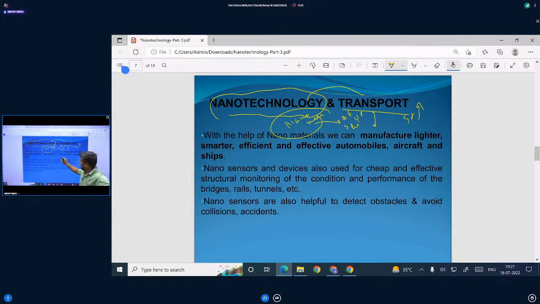And when the weight of the vehicle is reduced, automatically it will consume less fuel, because light vehicles always require less fuel, and heavy vehicles require more fuel.